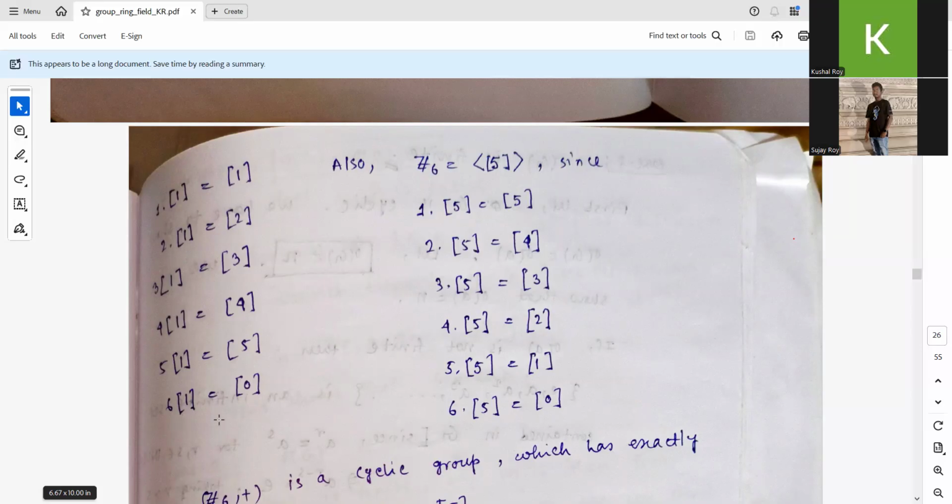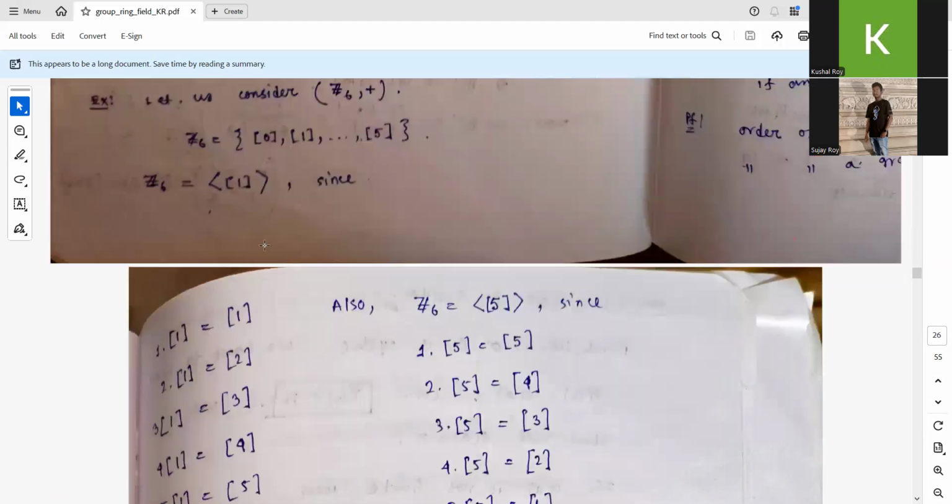So therefore it is easy to see that all these elements from 0 to 5 can be generated by the single element 1. Okay, so if we compose this like 4 times 1, in that case we get 4, like this. So therefore Z6 is generated by 1.